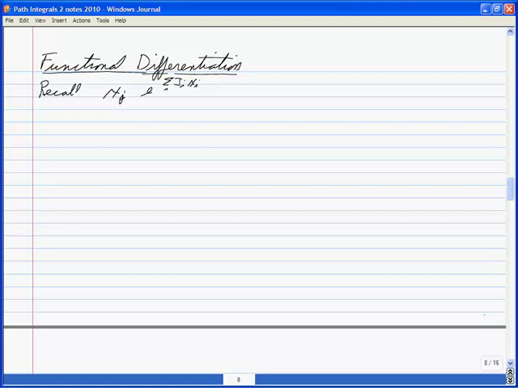Back when I was doing the example at the start of the class, I got those matrix elements, or that number, by taking d by dj sub j of e to the sum over i of ji xi. Somewhere in this sum, this is the summed index, there's the index j. When I differentiate with respect to that, I bring down a power of xj, and I get that identity. So I just want to make a generalization of this to a continuum.